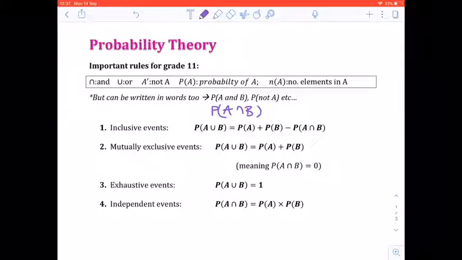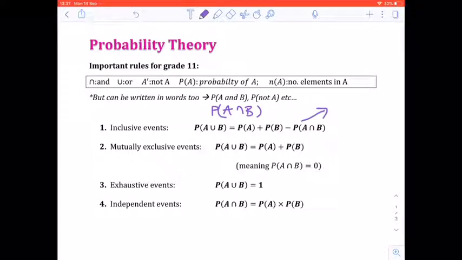Mutually exclusive events, this is when the probability of A or B is equal to the probability of A plus the probability of B. You can see that formula looks quite similar to the inclusive formula, except it's missing that part at the end, the probability of A and B. That just means the probability of A and B is 0, meaning these two events don't overlap at all.